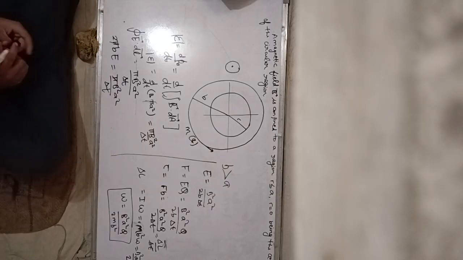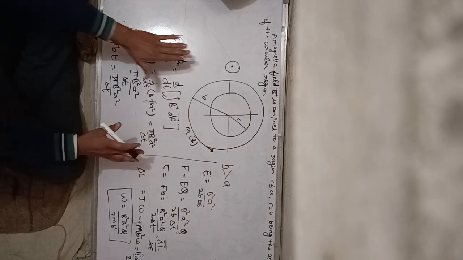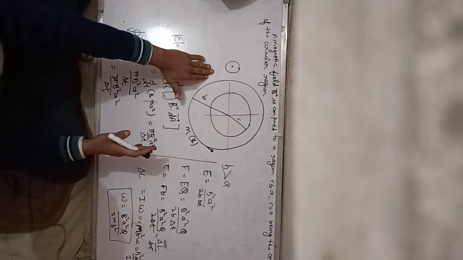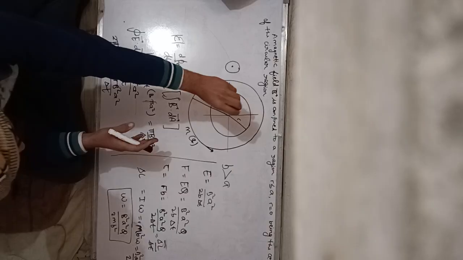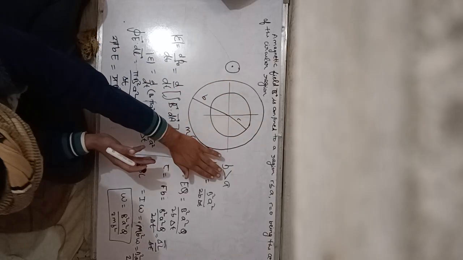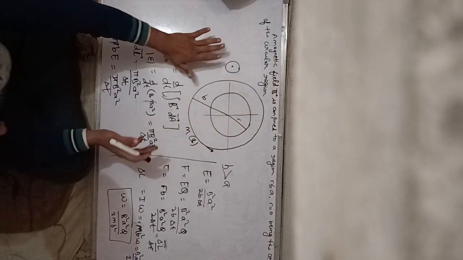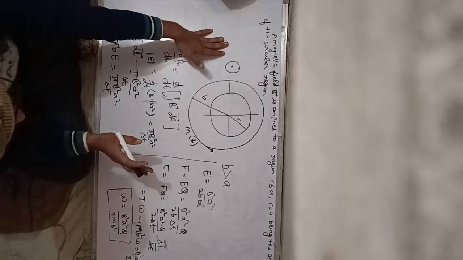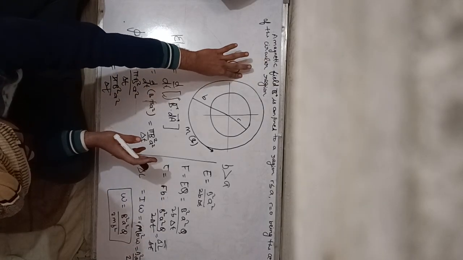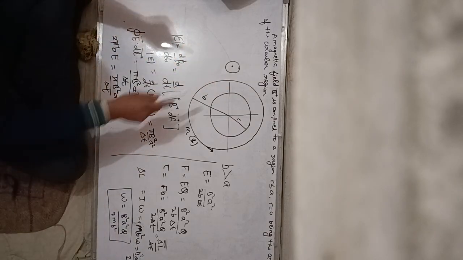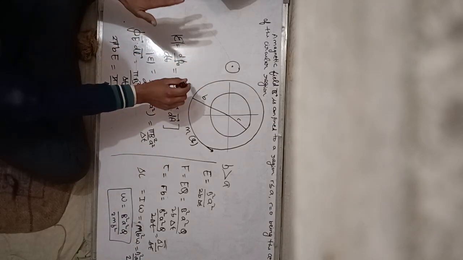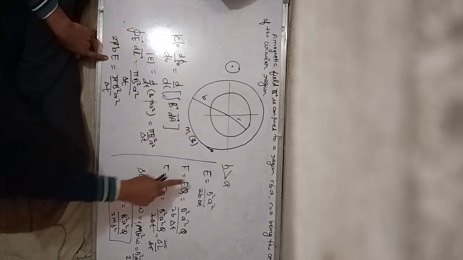Think about that. There is no external force acting on it. We are not applying any force on it. There is only a magnetic field in an area of radius a, and that suddenly goes to zero in a time interval delta t. And there will be an induced EMF in this ring, and because the induced EMF is produced in this ring, there will be an electric field in this ring.